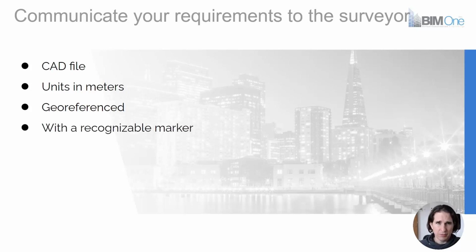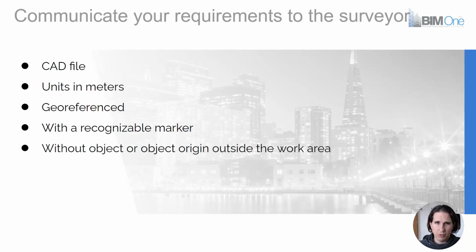Is there a marker that is physically identifiable on the site and that will not be demolished or moved? Ideally, it needs to be close but outside of the work area so that these references last throughout the construction. No object or object origin outside of the site and project work area.